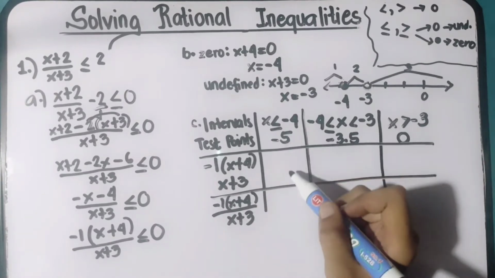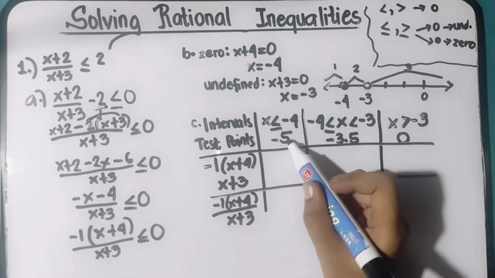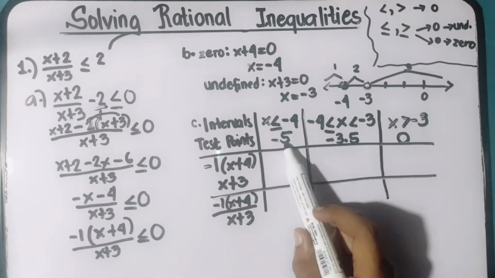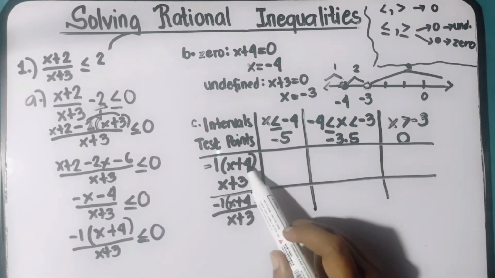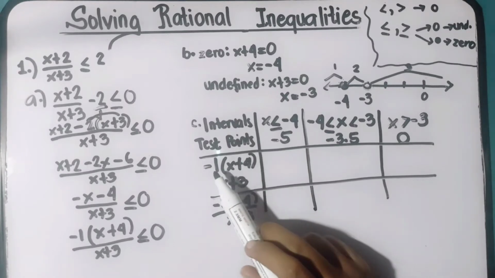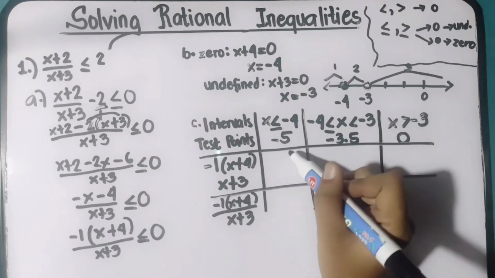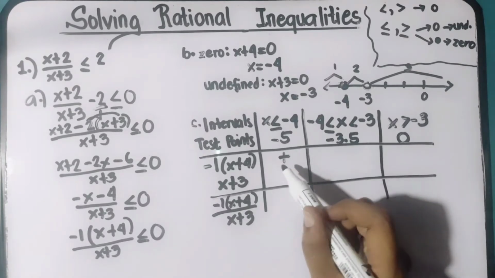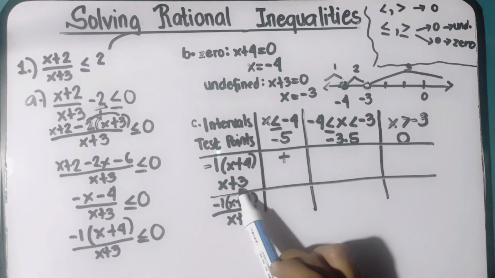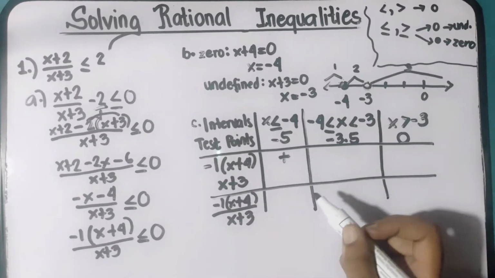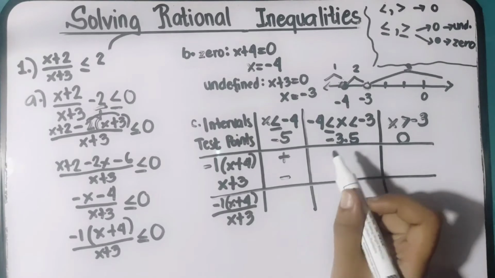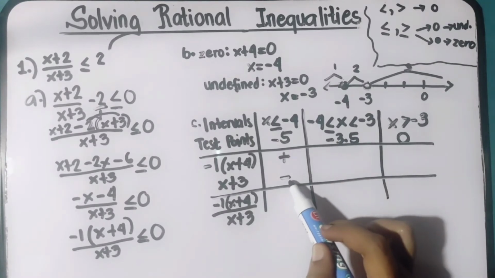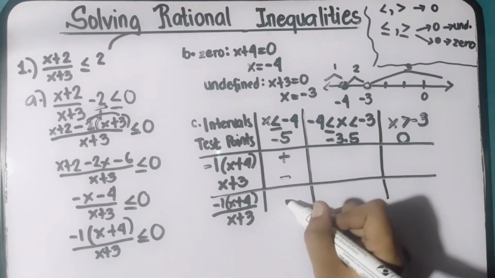In this column, x is equal to -5. -5 plus 4 is -1. -1 times -1 is +1, so we will write positive. -5 plus 3 is -2. Positive divided by negative is negative.